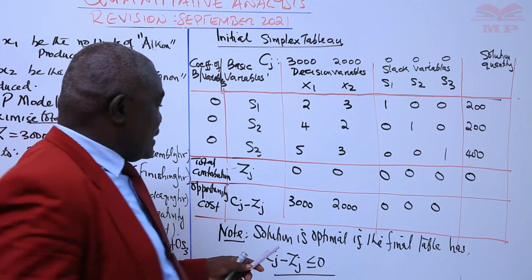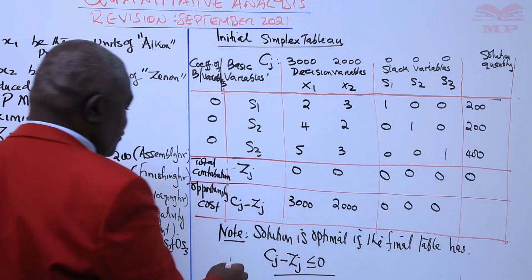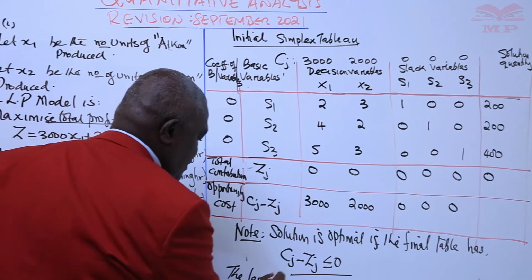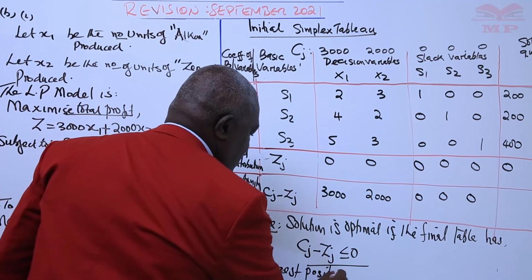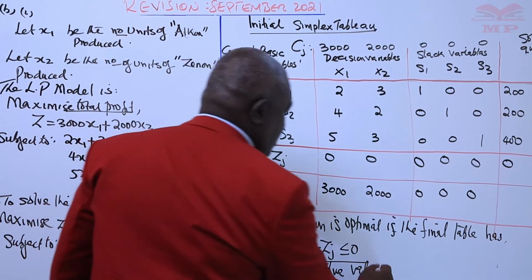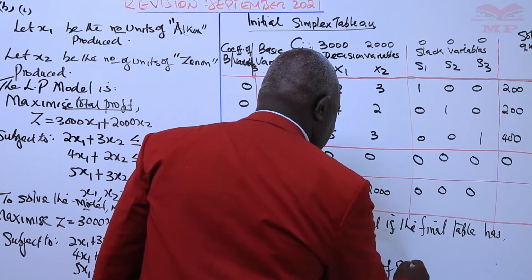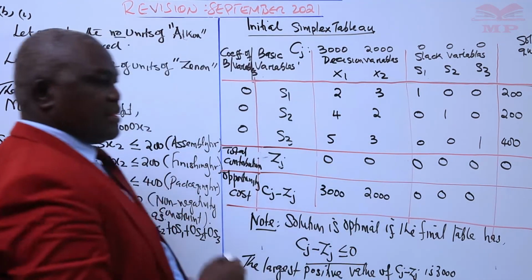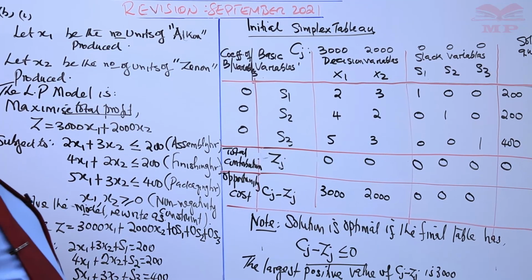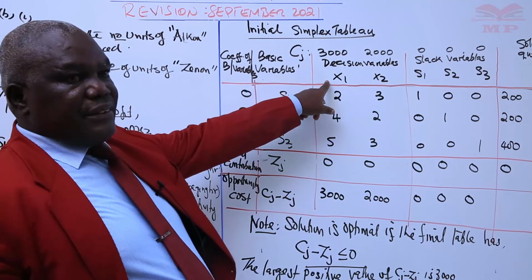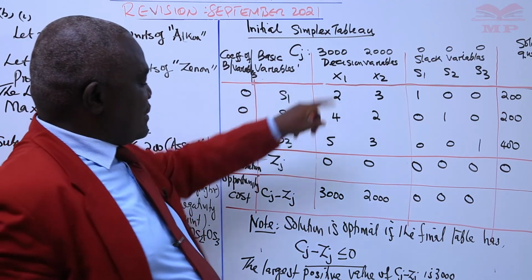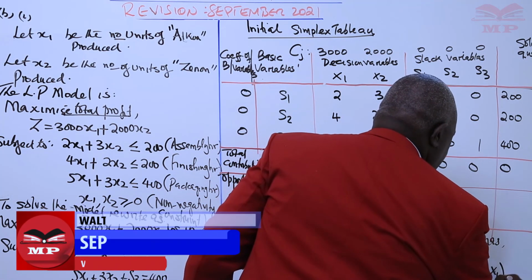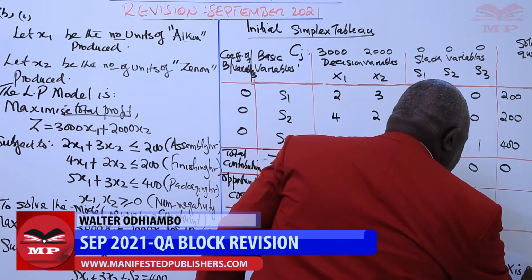So we write here: solution is not optimal, and the largest positive value of Cj minus Zj is 3000. This is under x1. So we write under x1. So we say x1 is the entering variable.